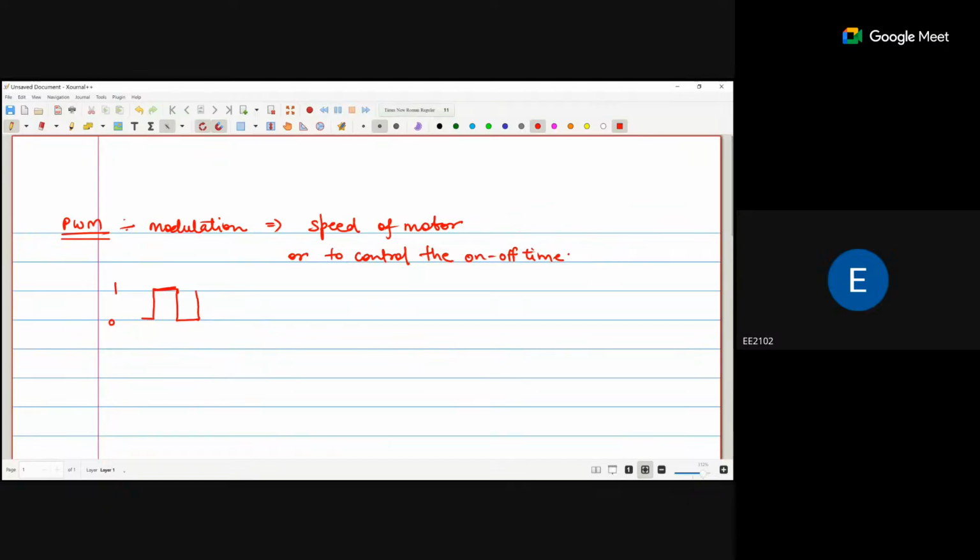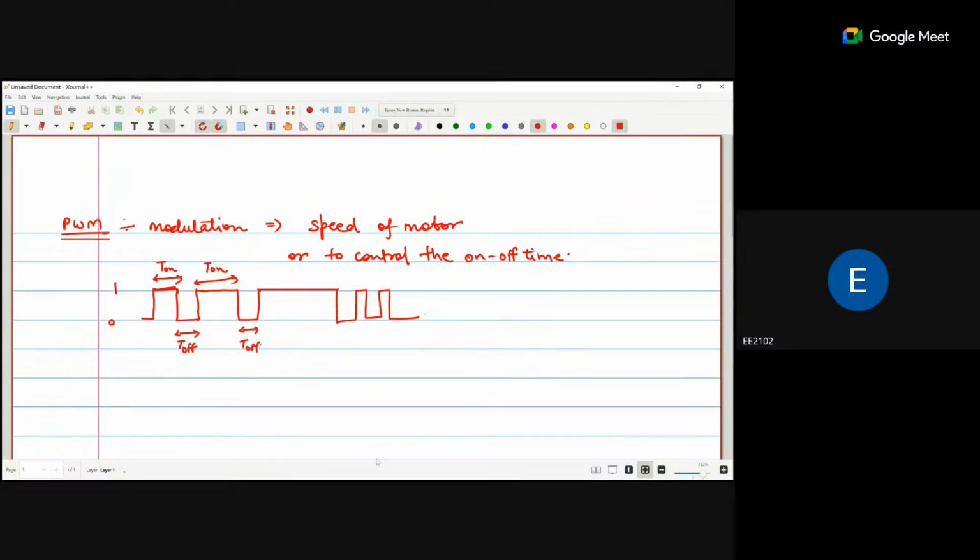Now, if we represent a signal as 0 and 1, the width of the pulse will be changed. At every particular instant we can say this is T on, T off. So every time you can see the T on and T off time will be varying. That signal is the pulse width modulation.